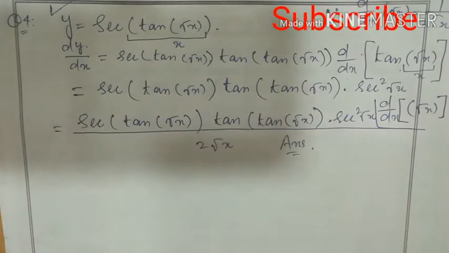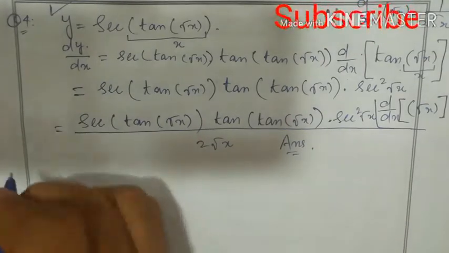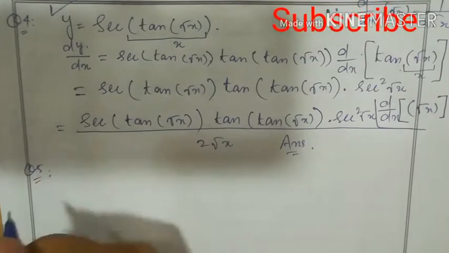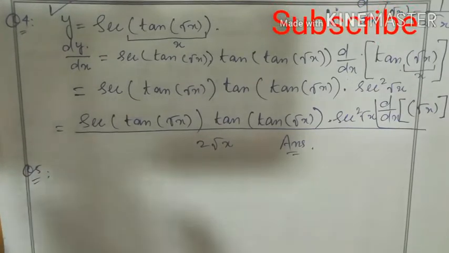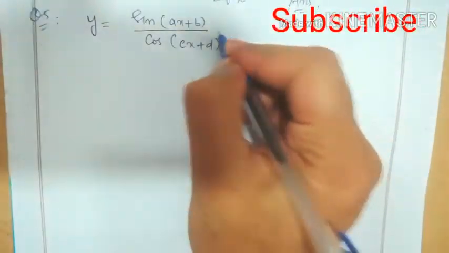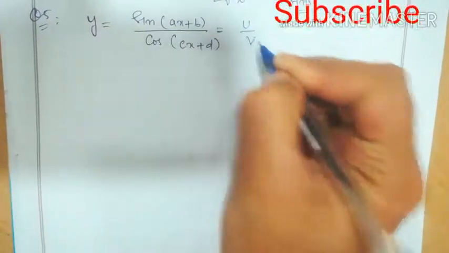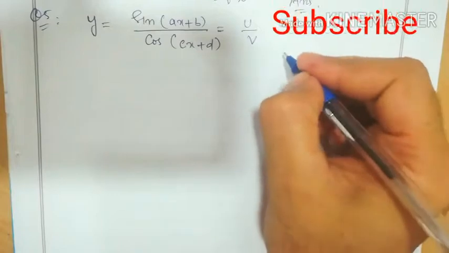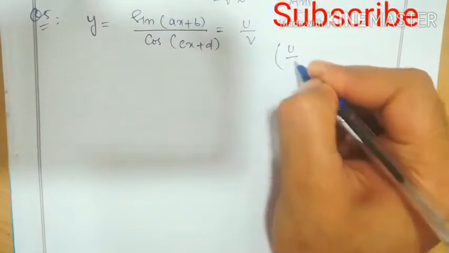Now we will do question number 5. Question number 5 uses the u divided by v rule, the rule for how to differentiate u divided by v.